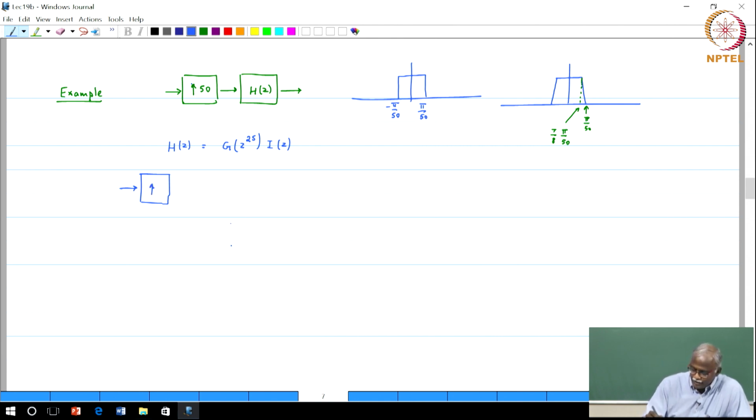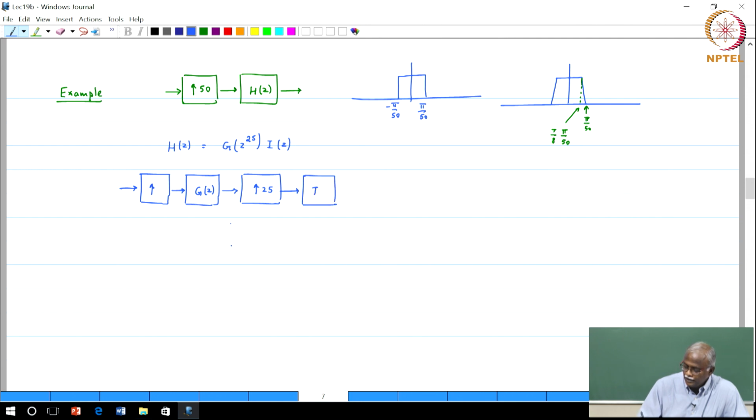I will implement 50 as an upsampling by 2 and upsampling by 25. Applying the Noble identity, this becomes G of z followed by upsampling by a factor of 25, then followed by I of z.